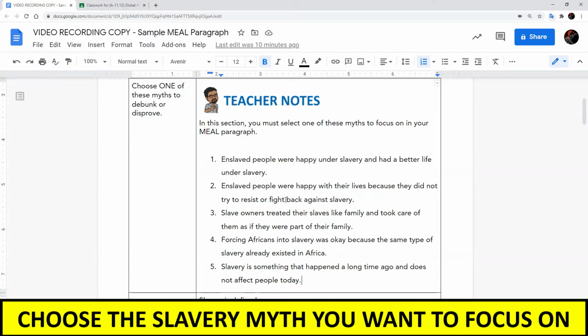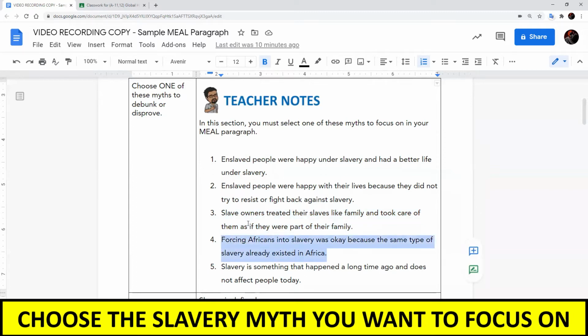So we have these 5 choices. Enslaved people were happy under slavery and had a better life under slavery. Enslaved people were happy with their lives because they did not try to resist or fight back against slavery. Slave owners treated their slaves like family and took care of them as if they were part of their family.